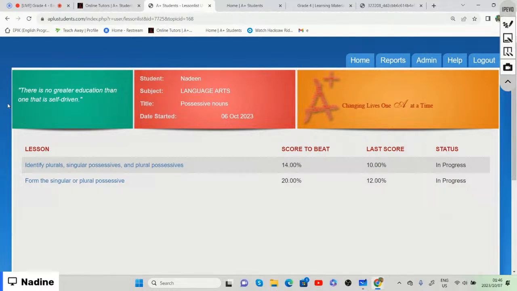But as soon as we make mention of a possessive noun, we either add an apostrophe and S or we just add an apostrophe, because a possessive noun shows something belonging to someone or that you own something. Then we add an apostrophe and S, or we just add the apostrophe if the word is plural and ends in an S.